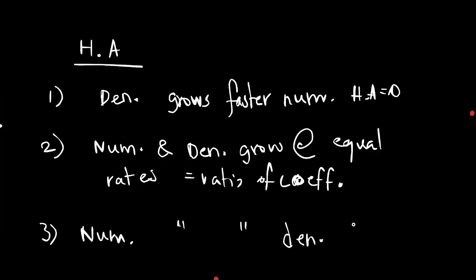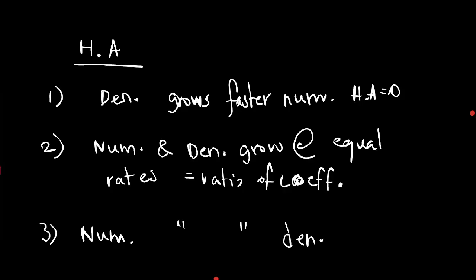Well, there you're going to have the horizontal asymptote equal infinity. And really what that means is that there is no horizontal asymptote. So if we got something like that, we would just say that there is no horizontal asymptote.